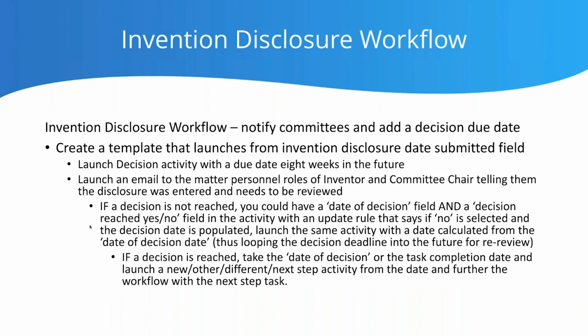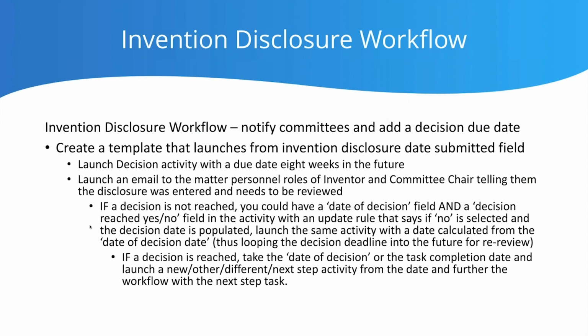In the next example, I'm going to talk about launching another template, but also launching an automatic email to be sent out. So say you have an invention disclosure, you want to create an invention disclosure workflow that will notify the committees and add a decision due date. So you're going to create a template that launches from the invention disclosure date that is entered.